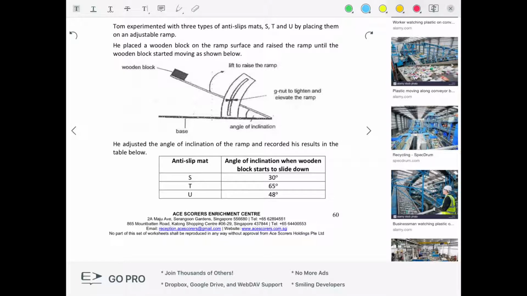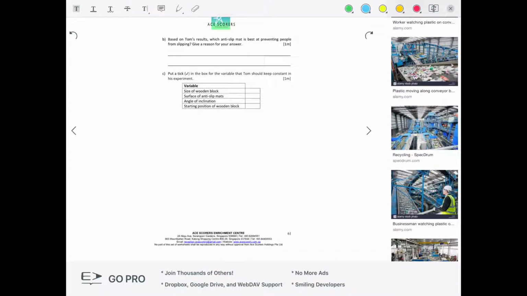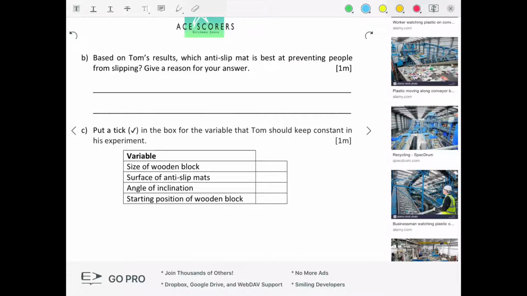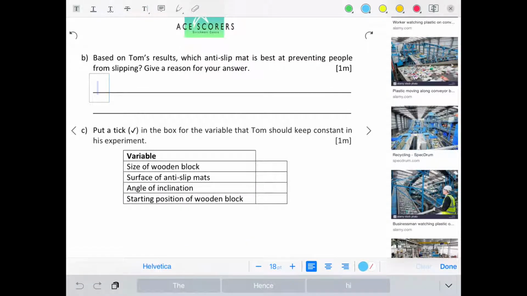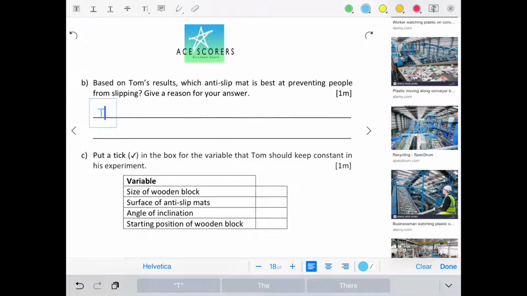So for anti-slip mat S, which one is the best? It's T, right? Because T can go up to 65 degrees. Okay, 65 degrees. So the question is, which is the best? The best was T. Explain. It's higher.